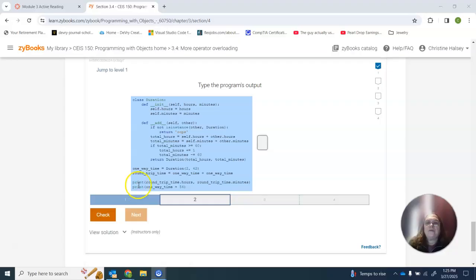Okay, so our first print here is round trip time in hours, round trip time in minutes. So the round trip time is the one-way time plus one-way time. All right, so one-way time twice is 242 plus 242. The 2 and the 2 gives us 4. The 4 and the 4 gives us 8.